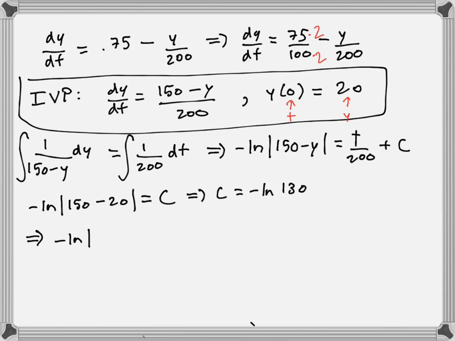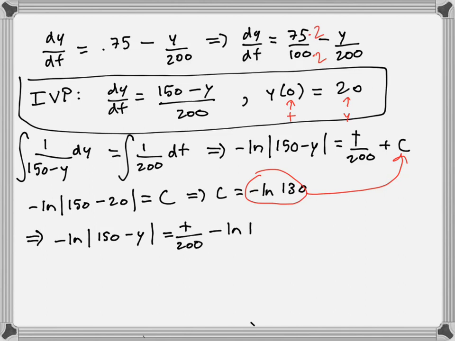So here's what I'm doing just before I write this down. I'm taking this guy and I'm substituting it for c right here in my differential equation solution. I get negative ln of 150 minus y is equal to t over 200 minus the natural log of 130.